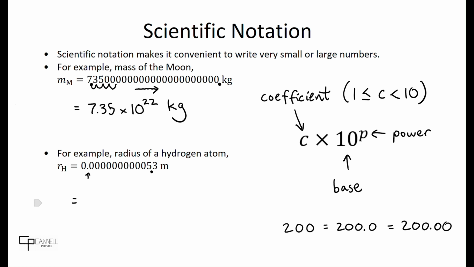Let's start by writing that: 5.3 times 10. So what's the power going to be? Well, I've got to see how many times I go from that decimal I put between 5 and 3 until I get to the decimal in the original number. Because I'm moving to the left to do that, and I had to do that 11 times, my power is going to be negative 11, in meters.